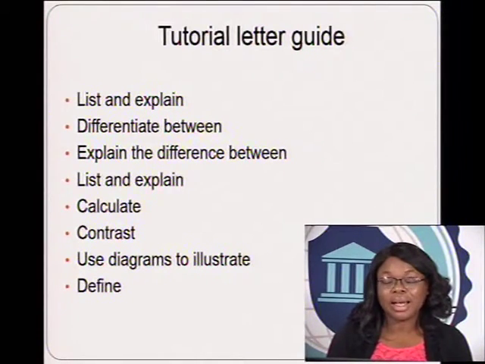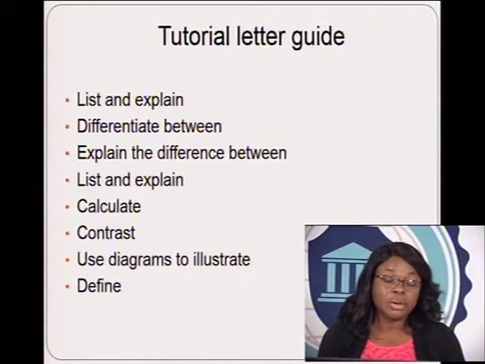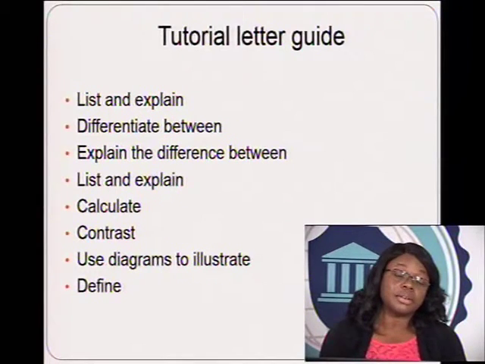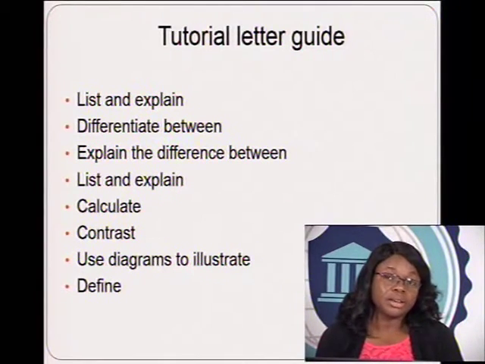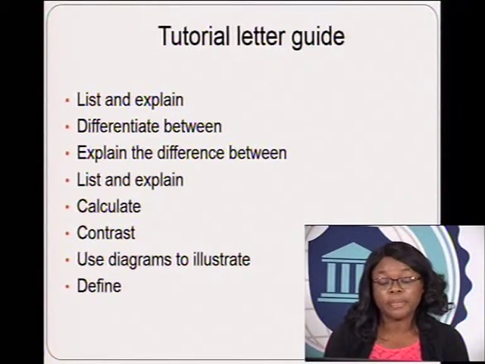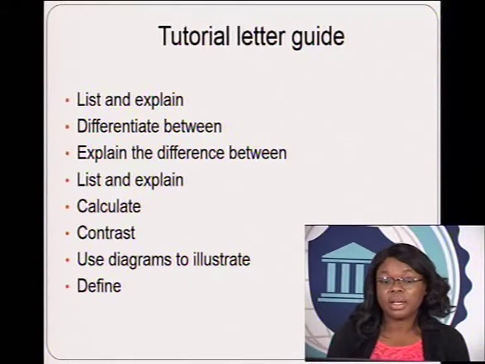Calculate is another one. In other words, show your workings, show how you derived those answers, especially on the elasticity questions. Compare and contrast, like the market structures, the table I gave you earlier. Contrast between perfect market and oligopoly: you say the differences between them, you compare them, you contrast them.